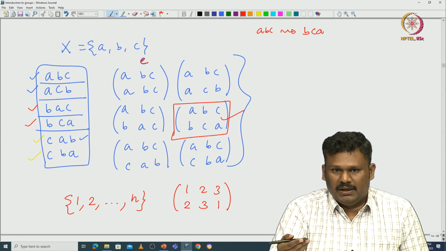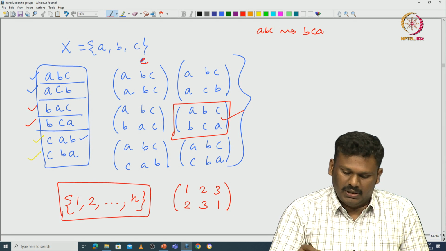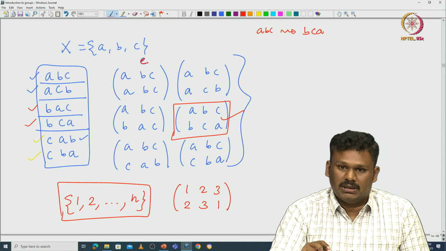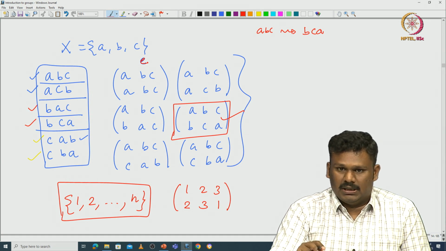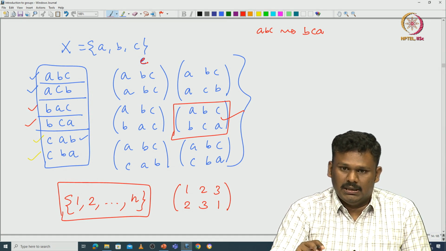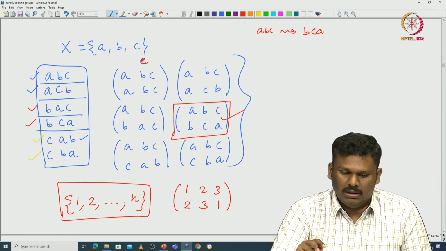So, abstractly speaking, one can fix this set and consider all possible permutations of that set. That is enough for taking any set of n elements and looking at all possible permutations of it.